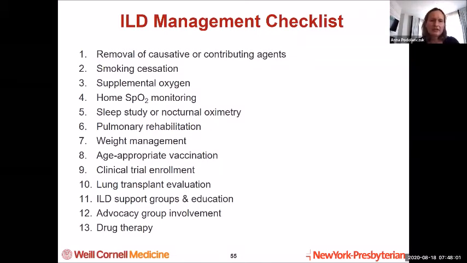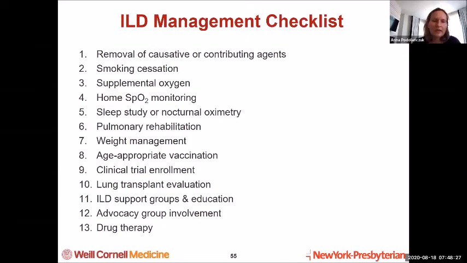Smoking cessation is incredibly important. For patients that have exertional hypoxemia or baseline hypoxemia, use supplemental oxygen, have them monitor their pulse ox at home if available, and doing a sleep study if available can be considered. Pulmonary rehabilitation and really trying to maintain activity and muscle mass is really important in these patients.